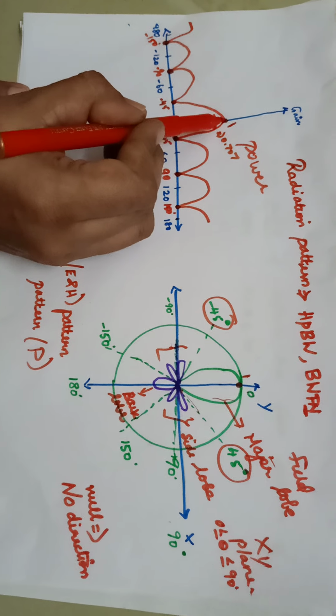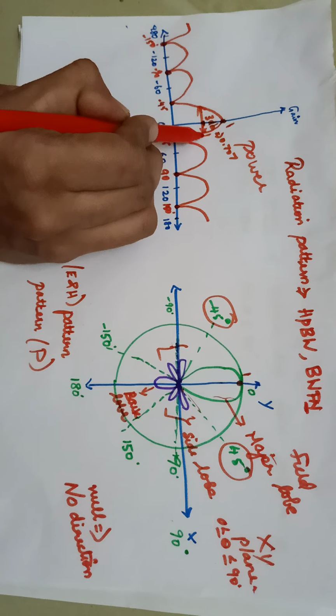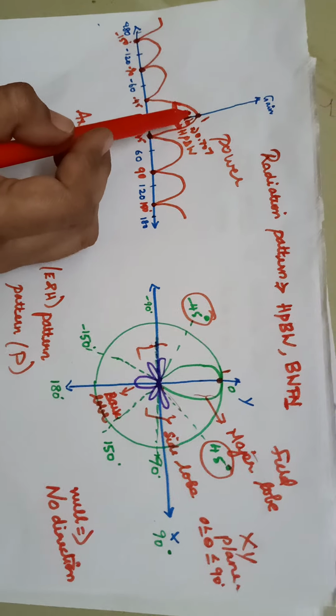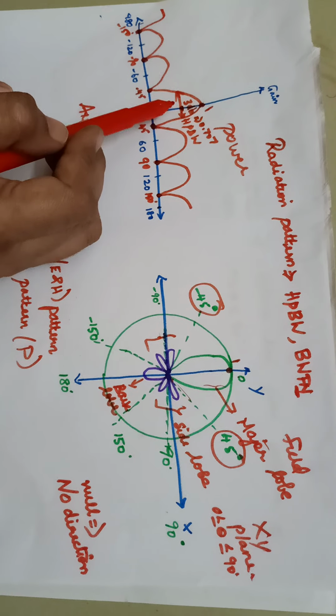When the power has fallen down, that width is called the half power beam width. The power has fallen to half of its value, so it is called the half power beam width.